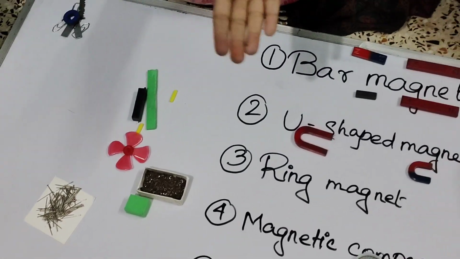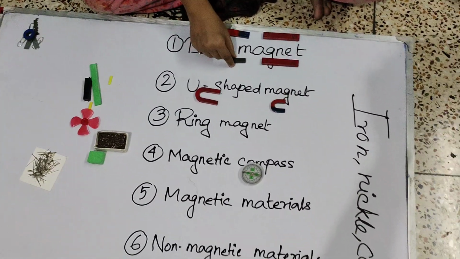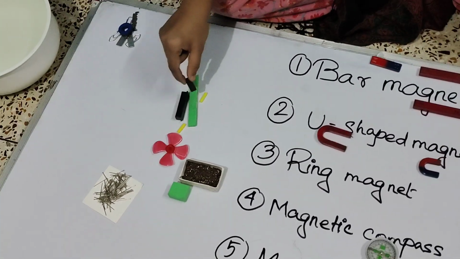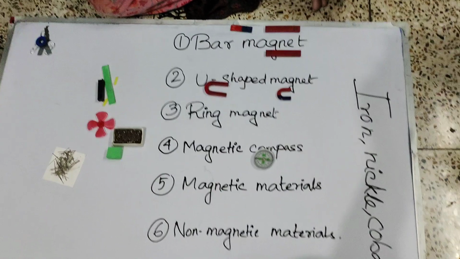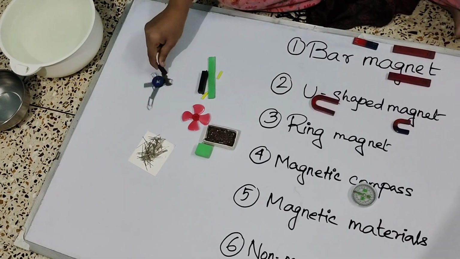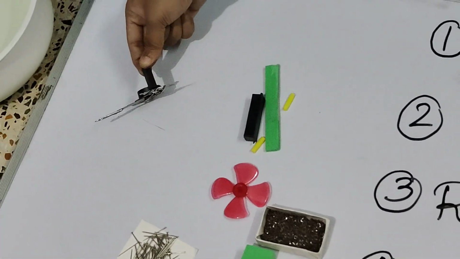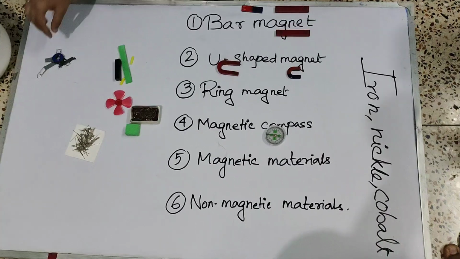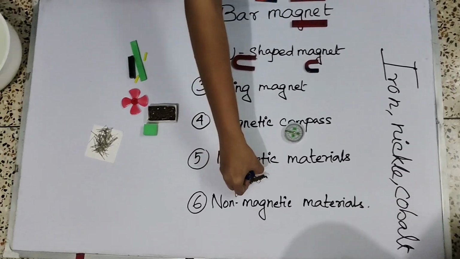Okay, let's try with another magnet. So let's try with the bar magnet. Let's try whether it will be attracted or not. No, nothing is attracting. But see, a bar magnet also will be attracted. So that means I can conclude that these things are magnetic materials.